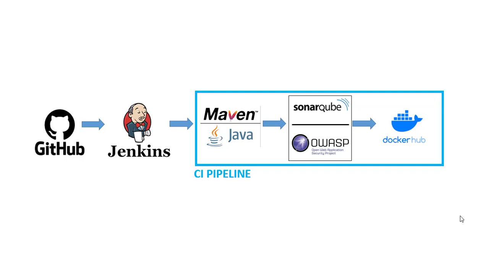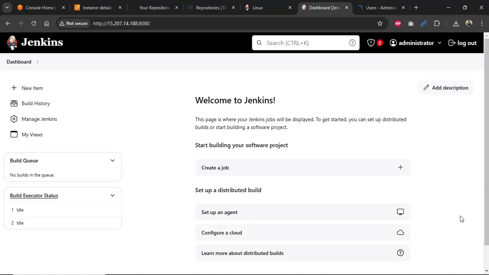Later we will use Docker to create an image and push that image to Docker Hub. So this is our plan to create the CI pipeline. Let's jump into the hands-on.